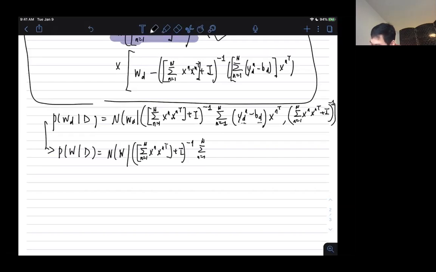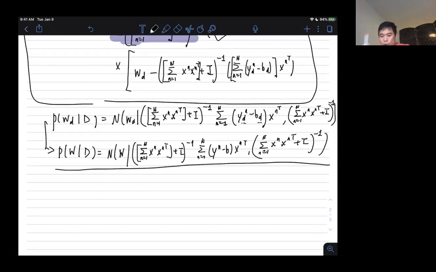Now, instead of yd, we look at the entire y, that is a vector, minus b, and then here is going to be xn transpose. And then the covariance doesn't really change much because of our choice of the distributions earlier. So this is going to be our posterior distribution over W. What it's saying is that given the data, what is our updated belief about the Wayne matrix?